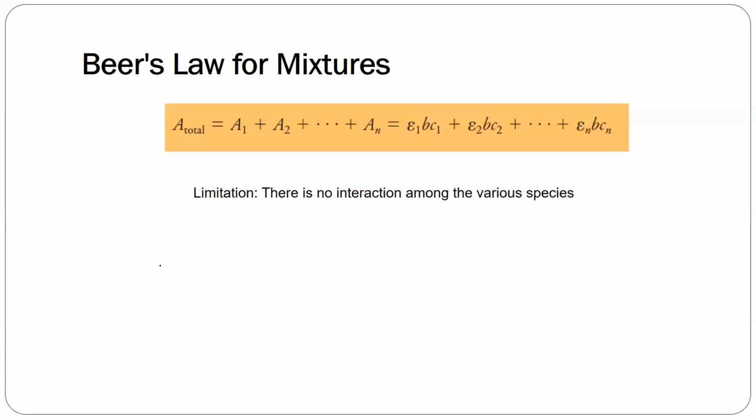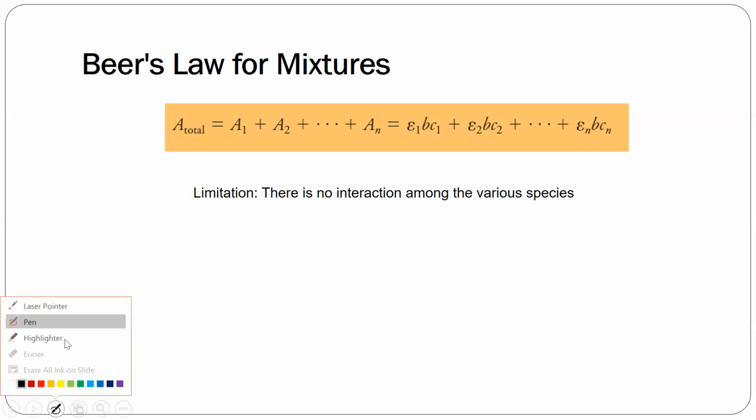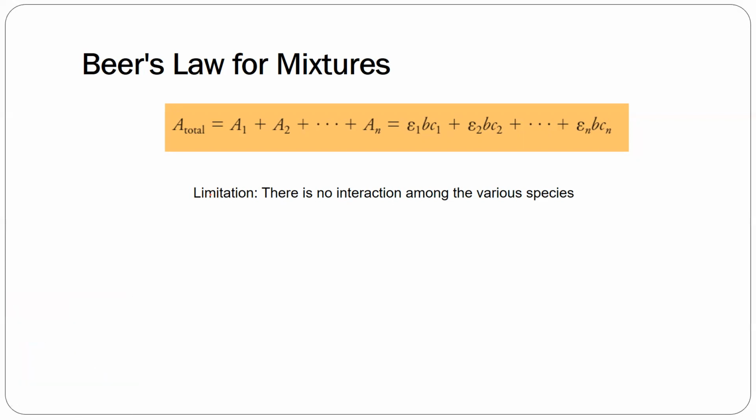Now, what if you have a mixture? So far, ang napag-usapan pa lang natin, isang klase ng molecule doon sa container. Pag may mixture ka, what you will do is to just add the absorbance values. To get the total absorbance, it's simply the sum of absorbance 1 and absorbance 2 and so forth.